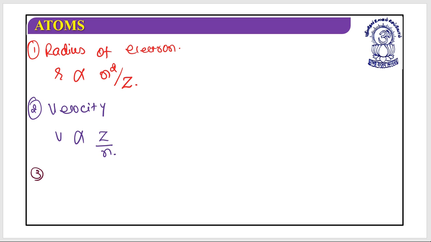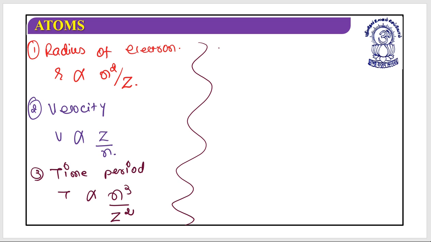Next, the time period of revolution, T, which is directly proportional to n cube by z square. Fourth, the frequency of revolution, f, which is directly proportional to z square by n cube.